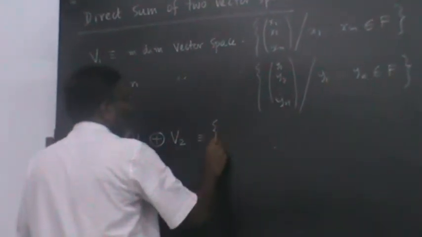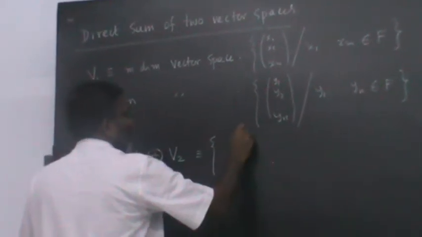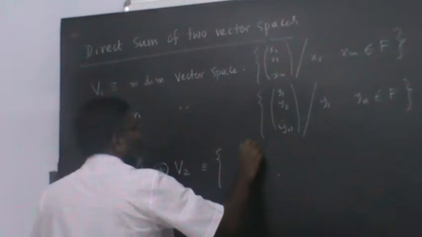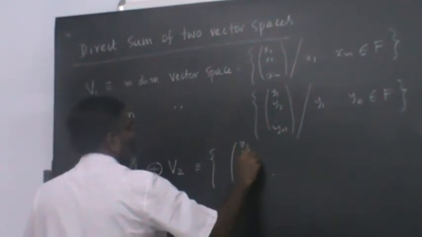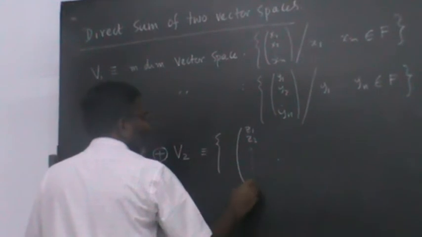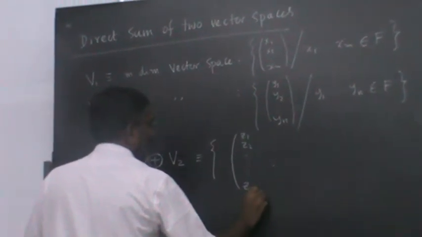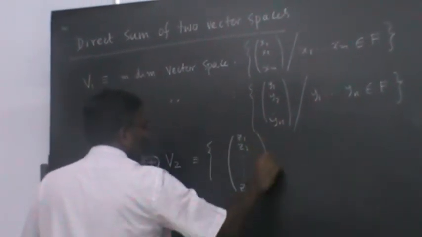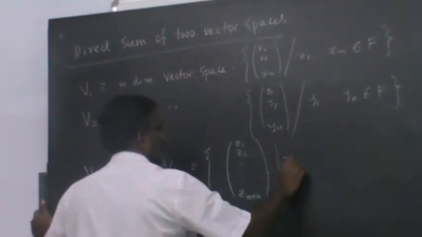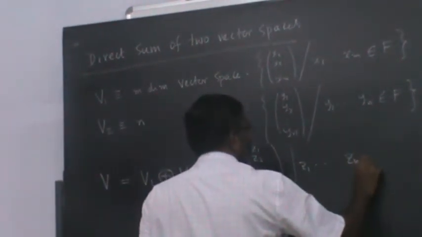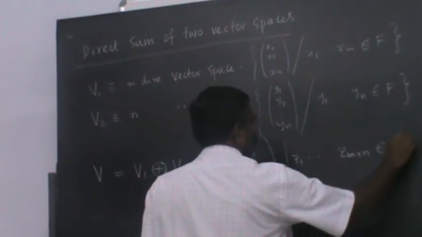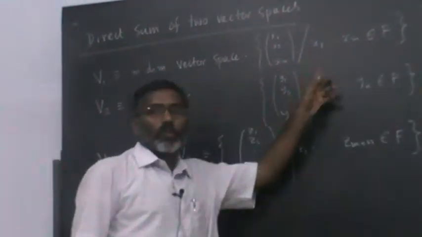It is defined as Z1, Z2, etc., Z(m+n), such that Z1 to Z(m+n) are in F. You can do a direct sum of two spaces if they are both defined on the same field. They both should be on reals or they both should be on complex numbers and so on.